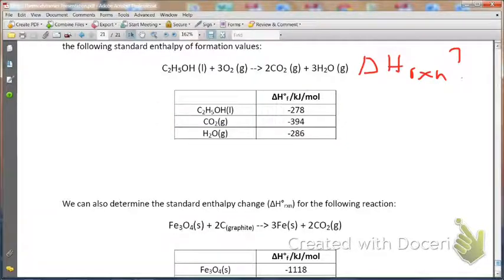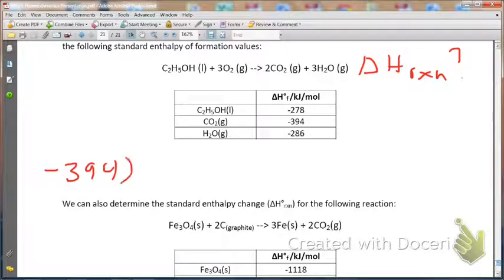Alright, so let's do that. Alright, so we know that we've got to start out with our products first. So the heat of formation of CO2, if we look at our table, is negative 394.